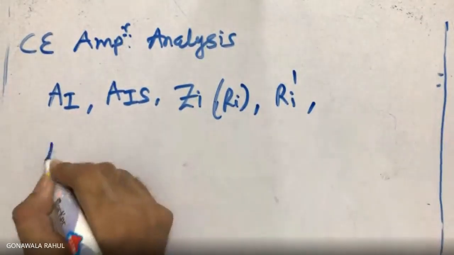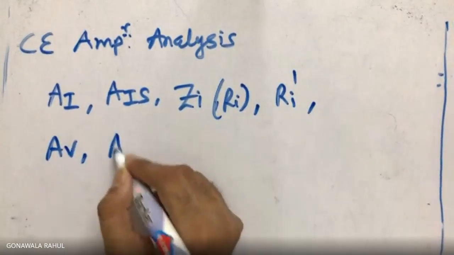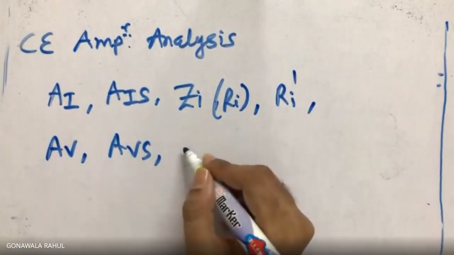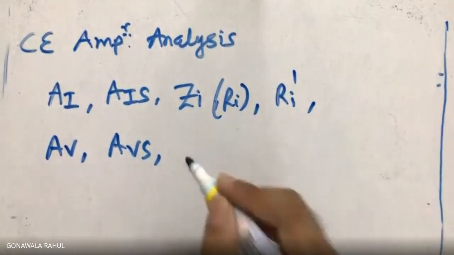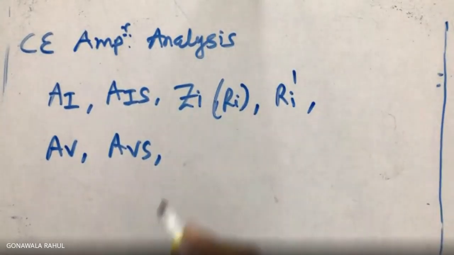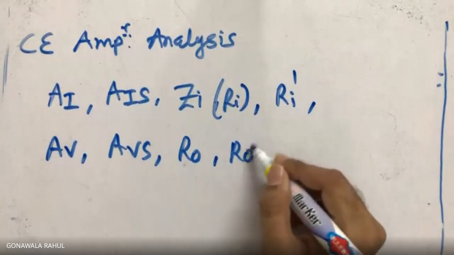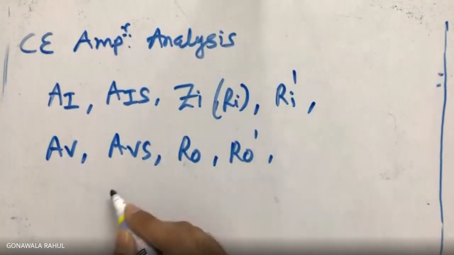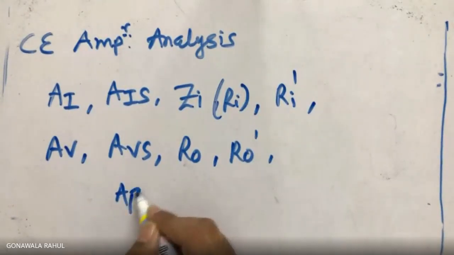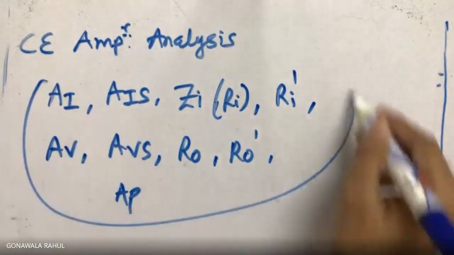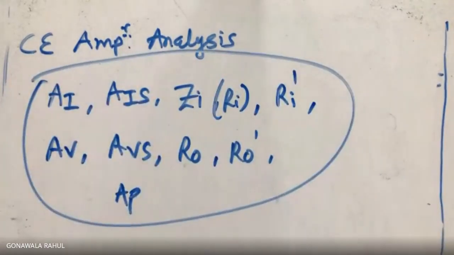Then we found the voltage gain, then the voltage gain of the circuit. Then the output resistance, or output impedance, then the output impedance of the circuit, and finally we have derived the power gain also. So we have derived these parameters.